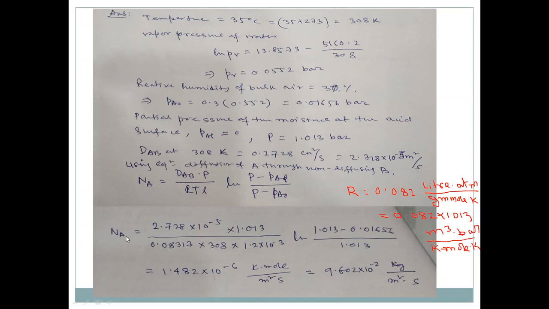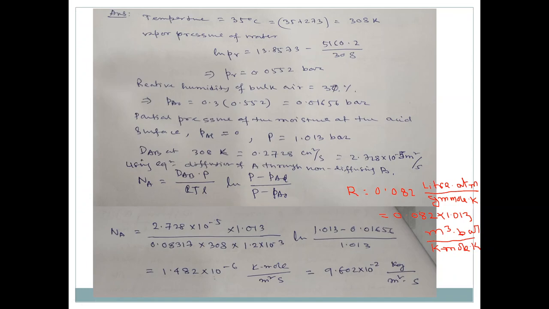So NA equals 1.4082 into 10 to the power minus 6 kilomole per meter square second. In terms of kg, that will be this thing: if you multiply with the molecular weight of water, this will be your flux.